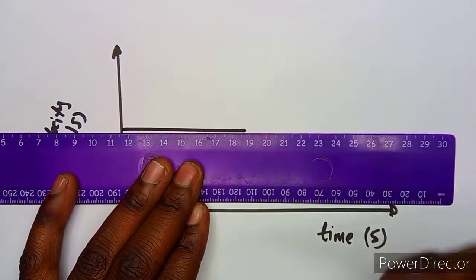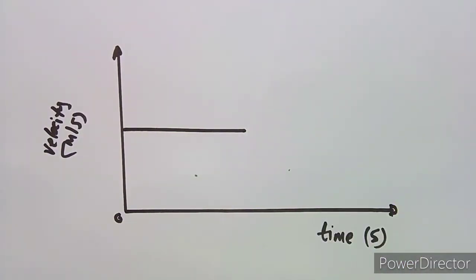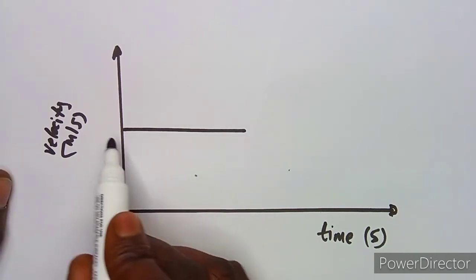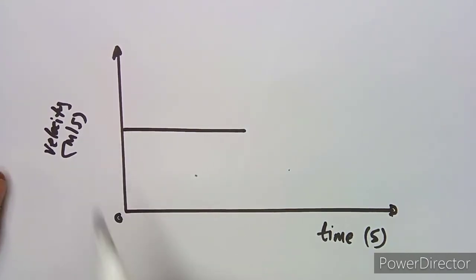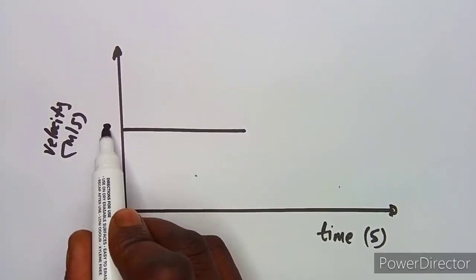It's supposed to be a horizontal line. So this is your velocity here at 30, for 15 seconds.